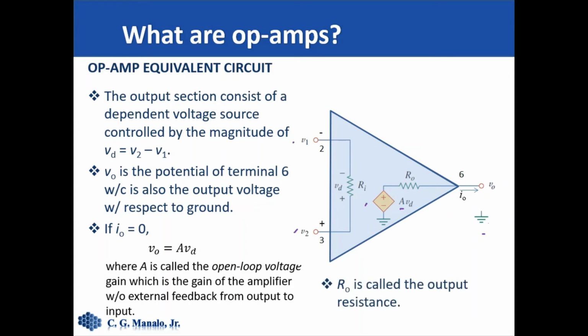The output terminal is connected to the dependent voltage source through an output resistance R sub naught, which is usually a very small resistance compared to R sub I, which is a very high resistance.